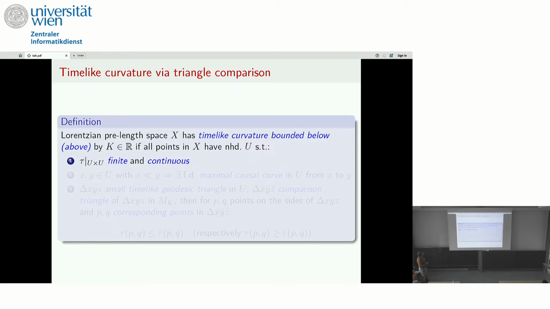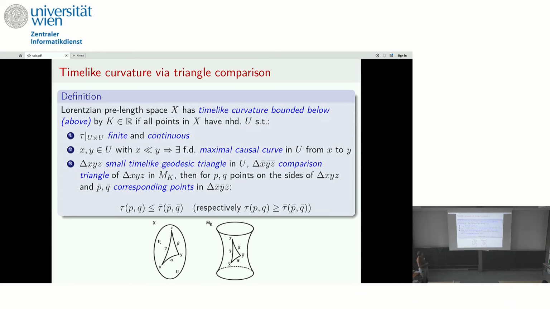And that's what we did. So we say that the Lorentzian pre-length space has time-like curvature bounded below if every point has a neighborhood U such that tau, the time separation on this neighborhood, is finite and continuous. Any two points which are time-like related can be connected by a maximal causal curve in U from X to Y. And then the actual triangle comparison is that if you take a small enough time-like geodesic triangle, so the three points X, Y, Z, which are in this neighborhood, such that there is a comparison triangle, so the side lengths are not too large in the model space M_K.